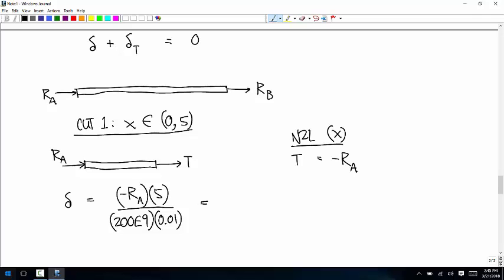And so we get 10 to the 7, 5, I can't do that. Can someone just multiply out all those numbers and give me a coefficient for that negative RA? 2.5 times 10 to the minus 9 RA.